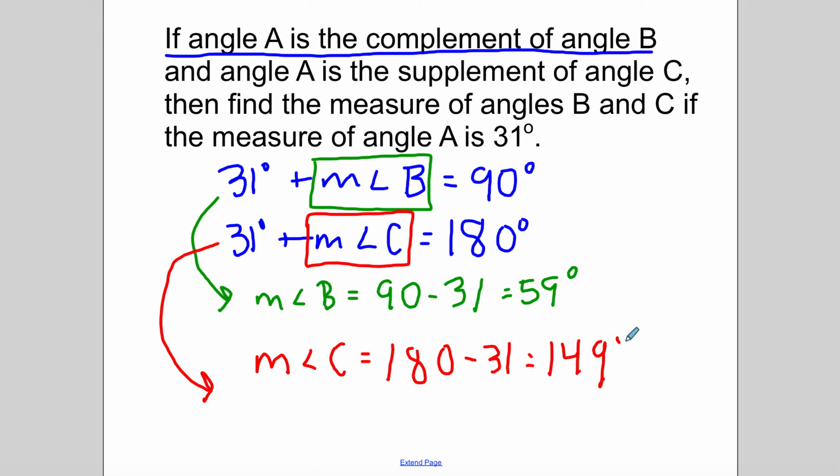Okay, so even when we don't have a picture, when it's written out, if we just go with our definitions of what these words mean, we can use this to solve for some values. Here we solved for the measure of angle B being 59 and the measure of angle C being 149. So that is vertical angles and linear pairs.